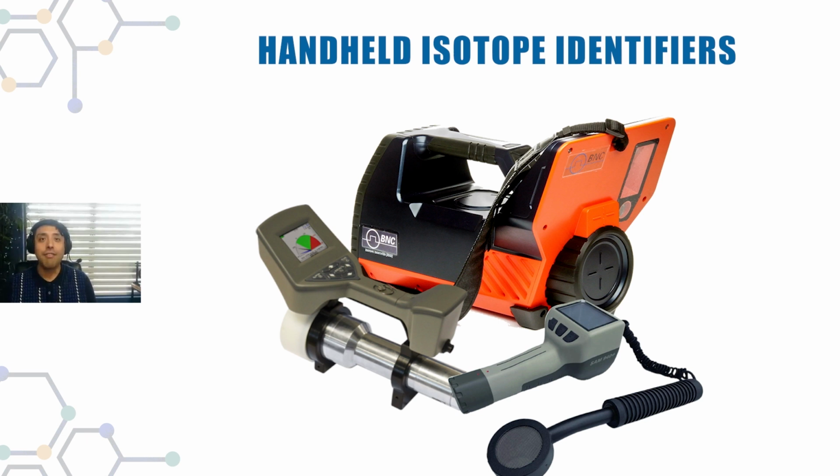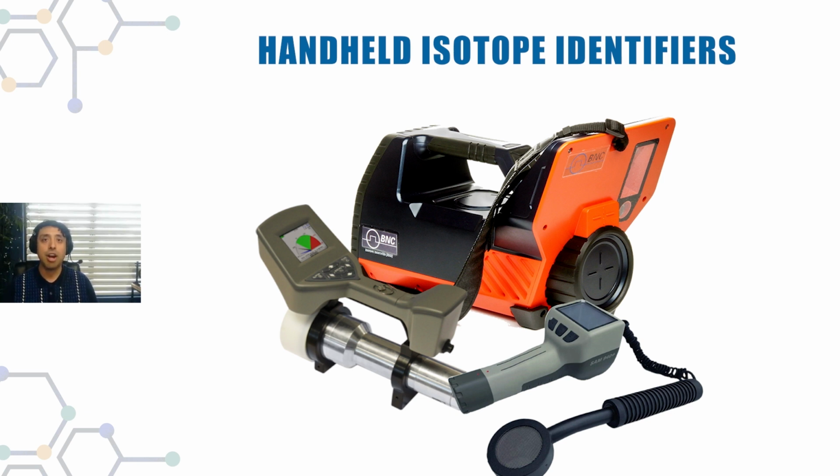All right, we turn our focus to handheld isotope identifiers, where portability meets functionality. These devices have transformed how and where isotope identification can be conducted, making it possible to perform on-the-spot analysis in a variety of settings outside the confines of a laboratory.